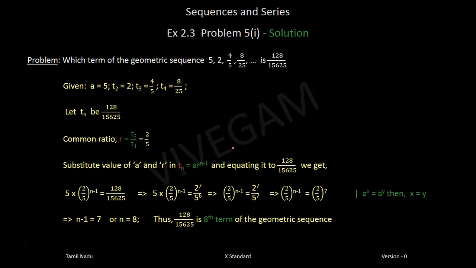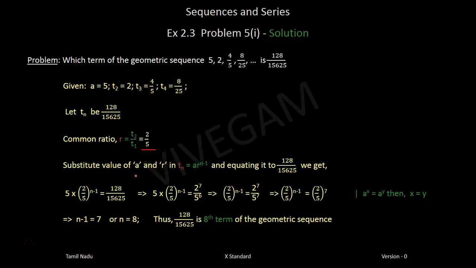Okay, the solution. A equal to 5, T2 equal to 2, T3 equal to 4/5, T4 is 8/25. So let Tn be 128/15,625. Calculate the common ratio, which is T2 by T1. T2 is 2 and T1 is a, that is 5. So 2/5 is your common ratio.